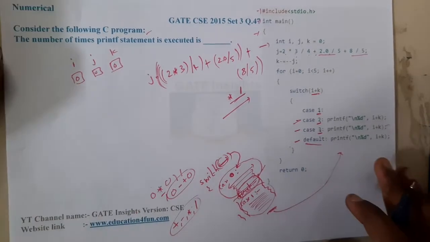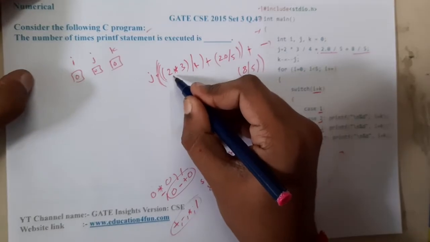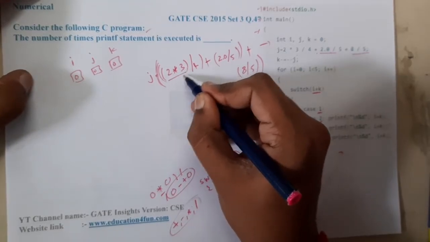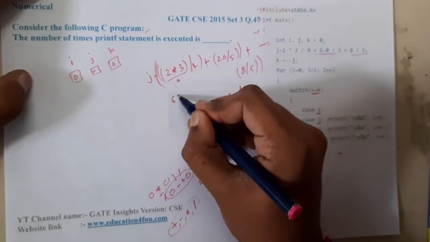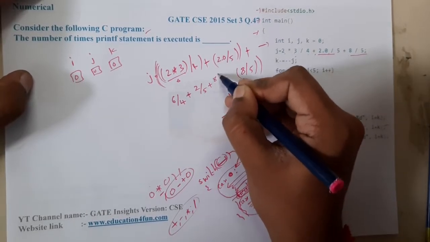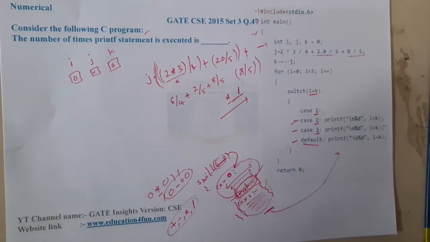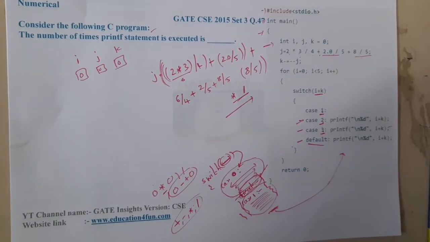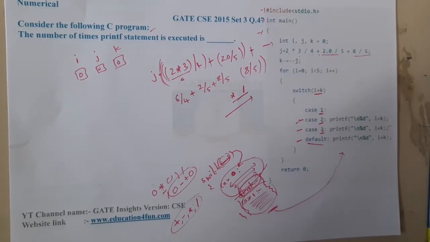Let us start solving the value. 2 into 3 is 6, so it is 6 by 4 plus 2 by 5 plus 8 by 5. Now most of us will be thinking that let us take LCM and try solving it, but that is a wrong step guys.